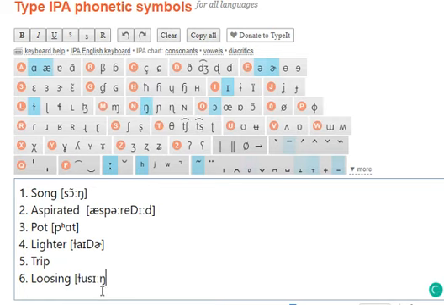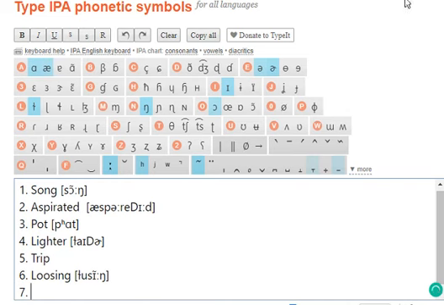But remember that before the n sound we have a vowel, so we also need to apply the nasalization rule. So I go back and apply the nasalization rule with this symbol, okay? Losing, then vowel length, then the symbol n, okay? Close it with a bracket. All right. We have transcribed the word losing.